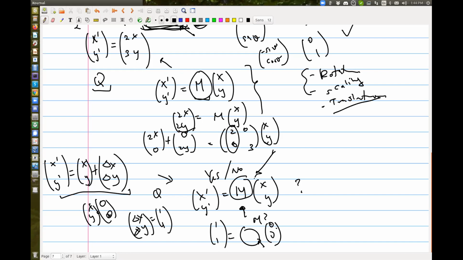That would be very nice, because then for all the transforms, let's say I do a rotation and multiply by some matrix MR, and I want to do scaling, multiply by another matrix MS, and then translation, multiply by another matrix MT. We want to be able to do that, but we cannot with the Euclidean coordinate.